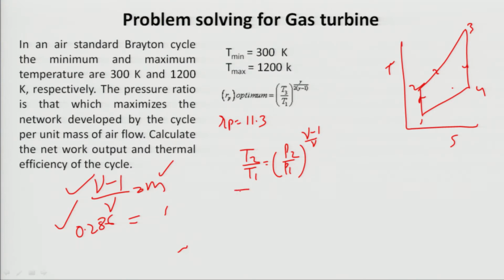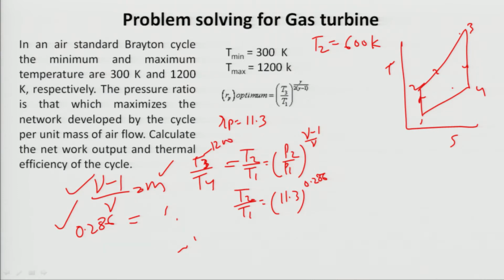When we do it, T2 comes to 600 Kelvin. Similarly, the pressure ratio is the same for the expansion, and the same equation applies for T3 upon T4. T3 is given as 1200, with the same equation we can find the value of T4, and again it comes to 600 Kelvin.